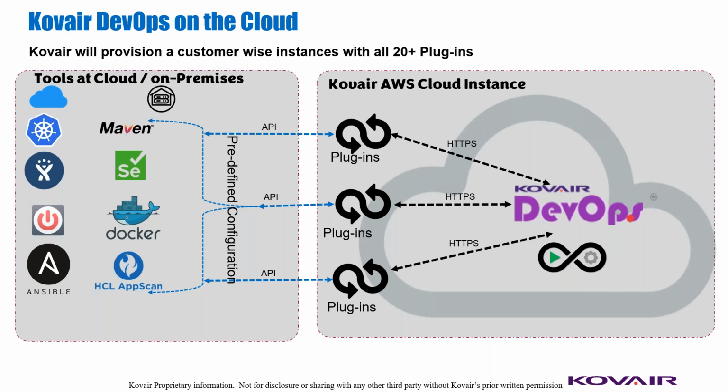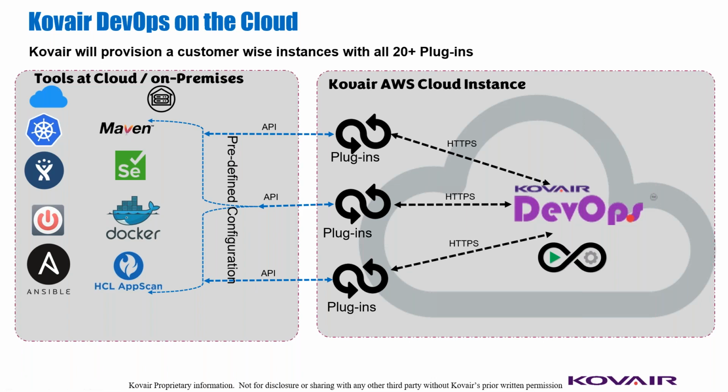Now, let me go to the next slide. This is a very high level diagram which represents how Kovair DevOps will be deployed and will be connecting to your tools. The platform will be hosted in AWS cloud, and each of the tools will be connected with the Kovair proprietary tool plugins as shown in this diagram.